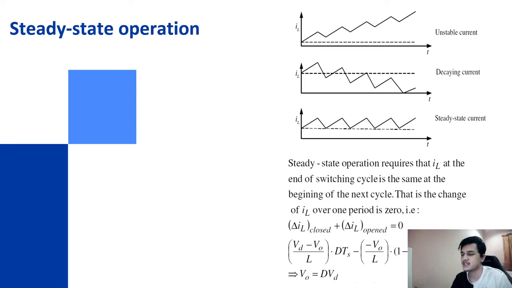Steady state operation requires that IL at the end of the switching cycle is the same as at the beginning of the next cycle, that is, the change of IL over one period is zero. And then as we can see, this formula means ΔIL closed plus ΔIL open equals 0.